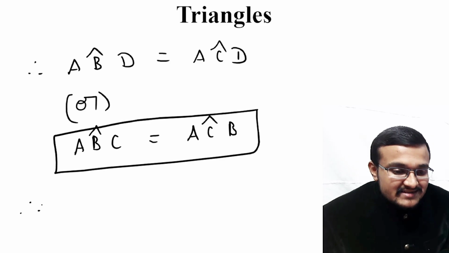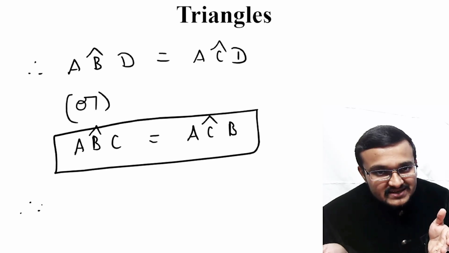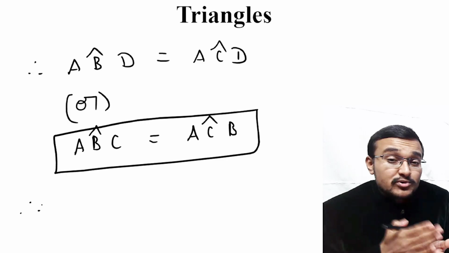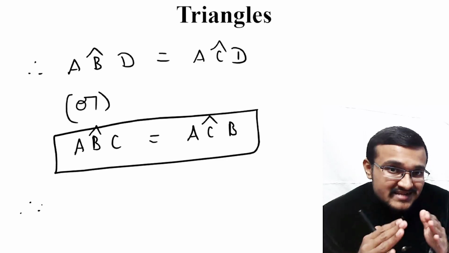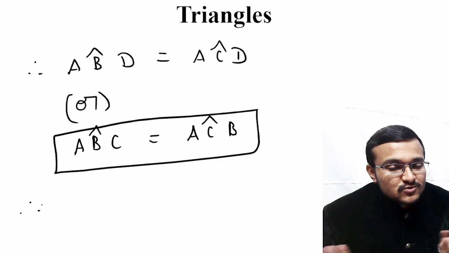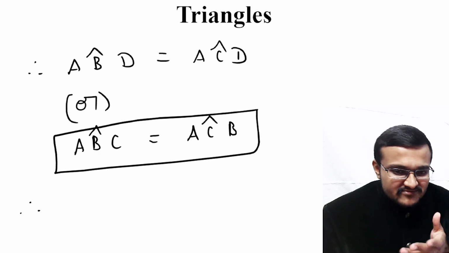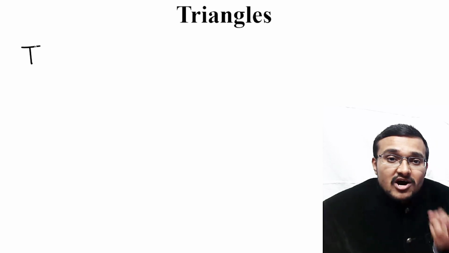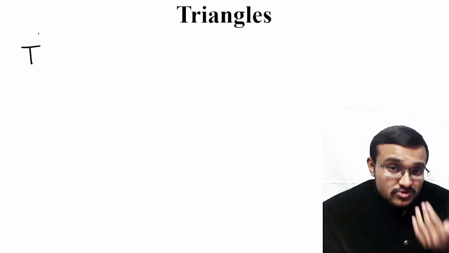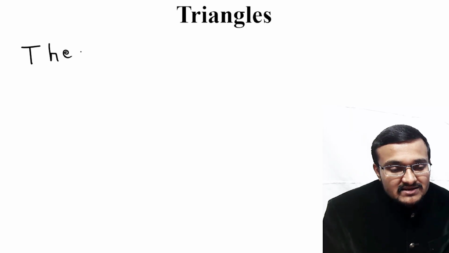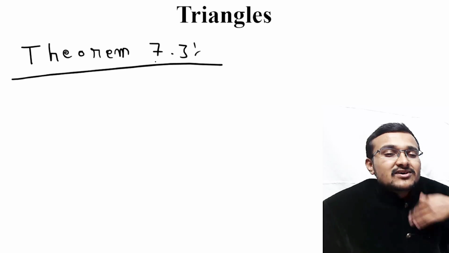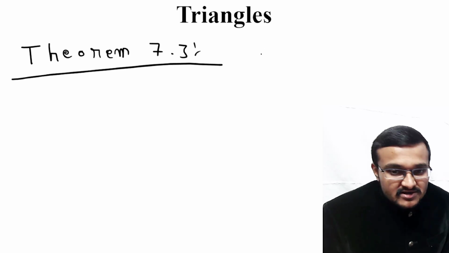So at last you can write the statement of the theorem once again, stating that hence equal sides, opposite angles of the equal sides of an isosceles triangle are equal to each other. So that we have proved now. Similarly, the converse of this particular theorem is also true, which we will be looking at in theorem 7.3. So 7.3 theorem is converse of theorem 7.2.